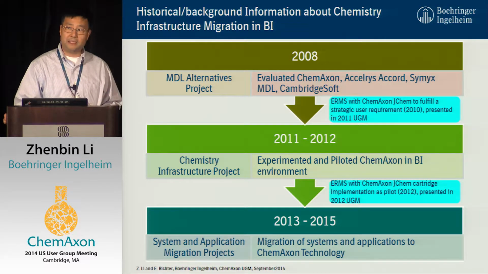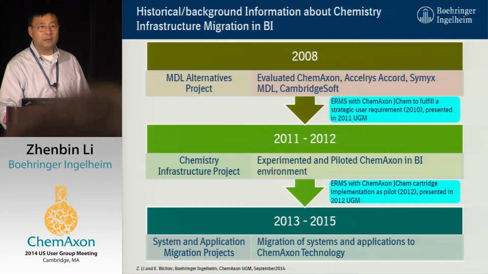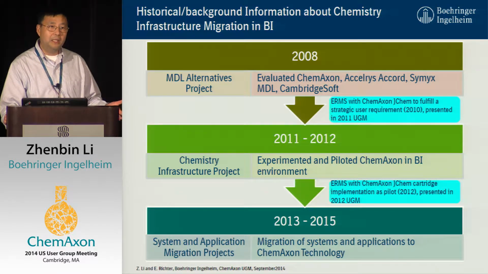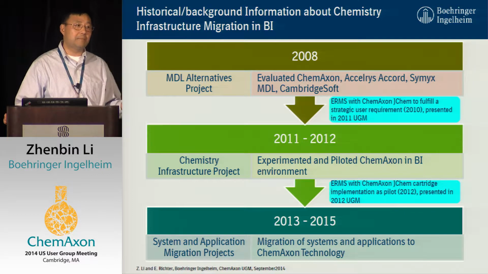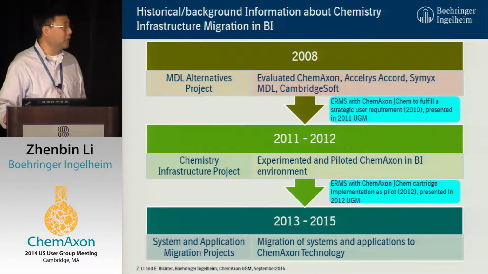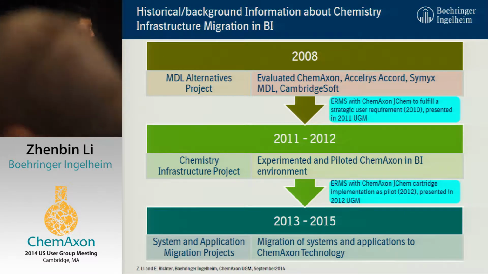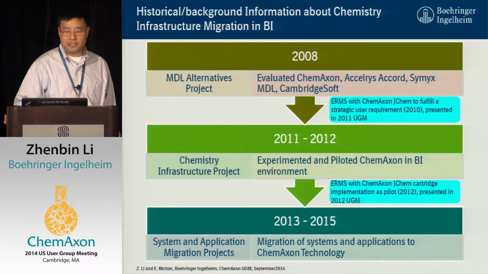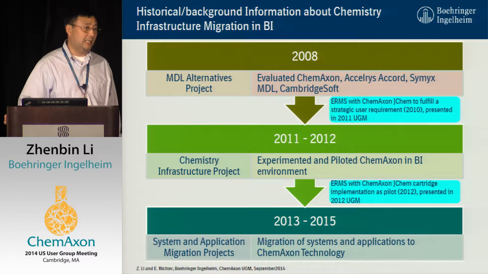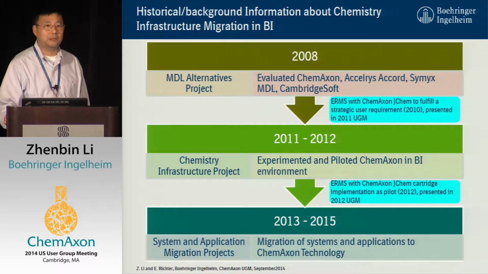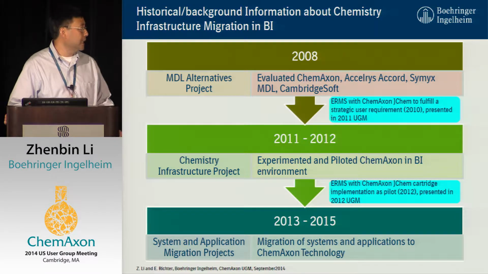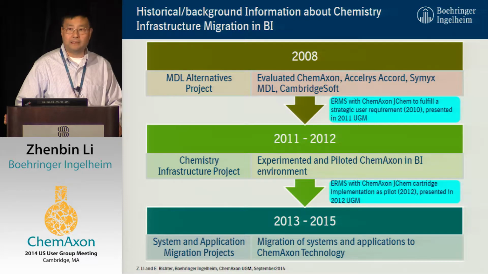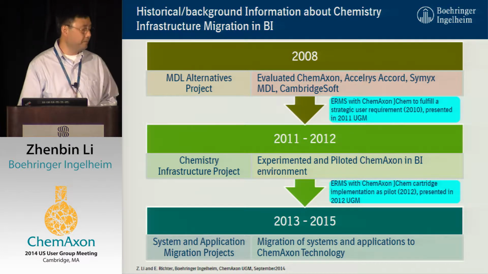We benchmarked the time and used that number to estimate how much time we would need for the other systems. After that, in 2013, we decided to go with ChemAxon technology, signed the contract, and started to migrate different systems and applications.